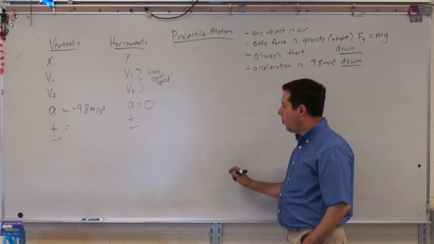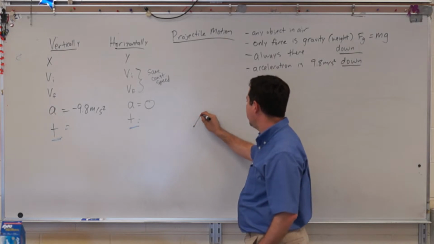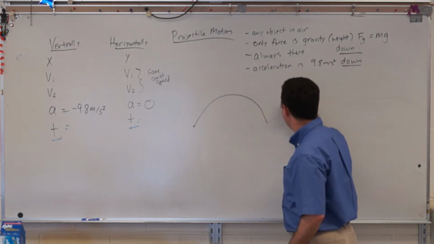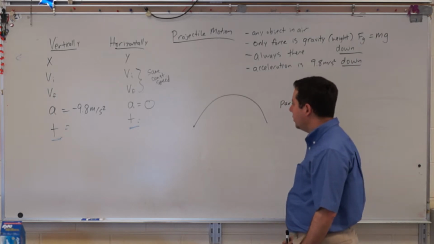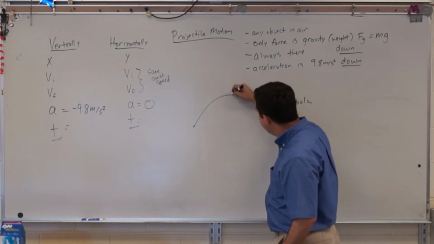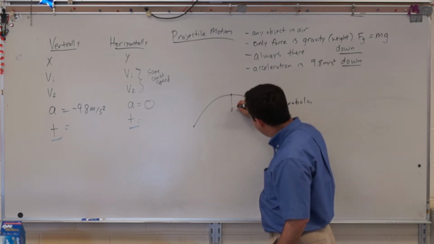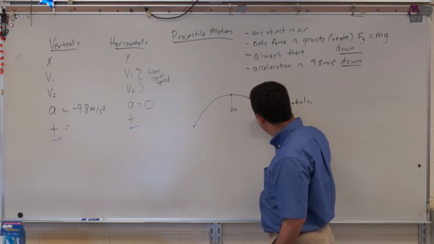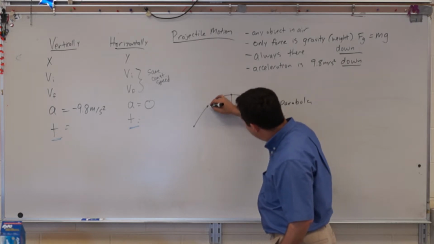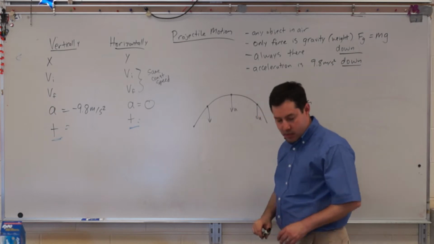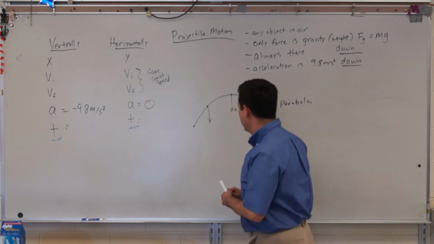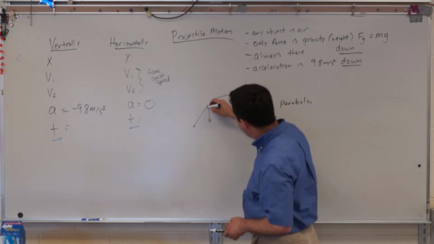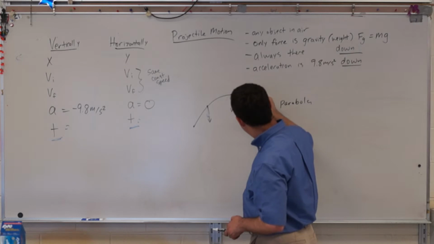Let's think a little bit more about this. So let's see the path of a projectile. The path could be a parabola. It's always going to be a parabola. And no matter where you are in this path, your acceleration is downward. No matter where you are in this path, your force is downward.